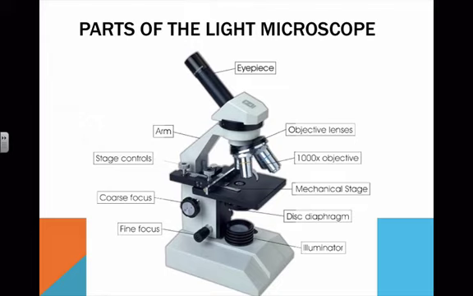I kind of like to think about it as a cheese grater. You've got coarse grating and fine grating. Coarse gives you nice thick pieces of cheese, whereas fine gives you very tiny pieces of cheese. So coarse will move that image very high or low, and fine will move it just small distances.